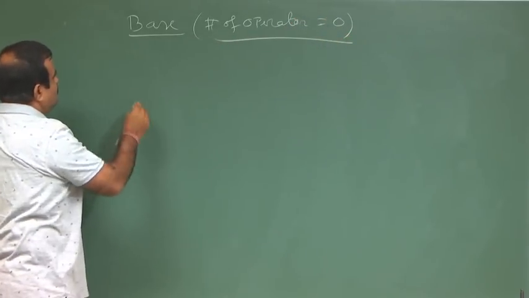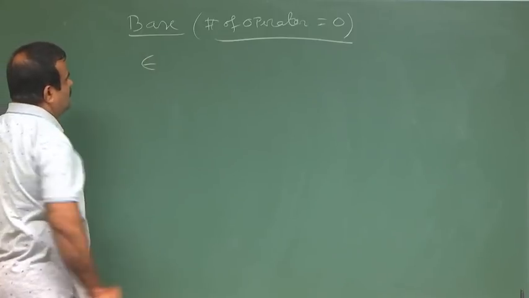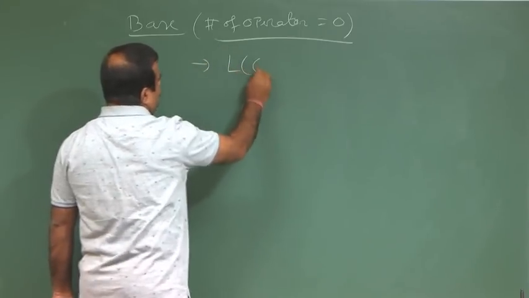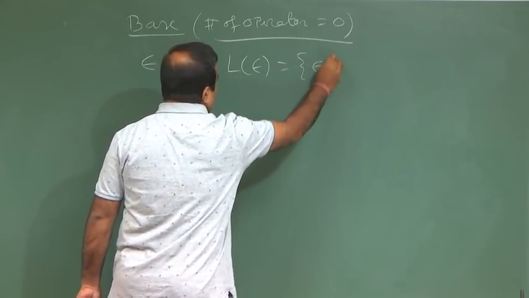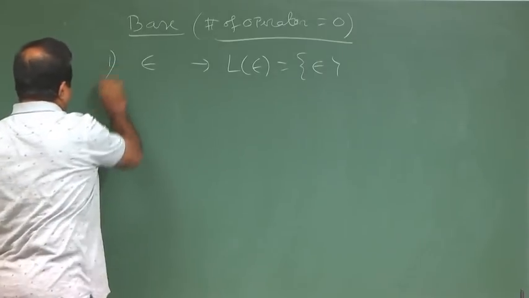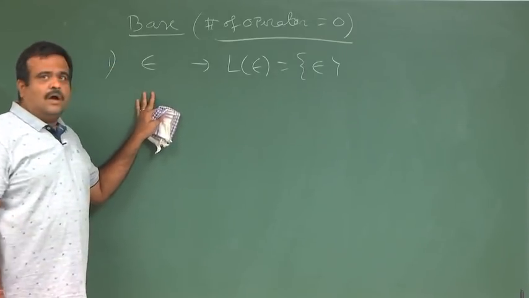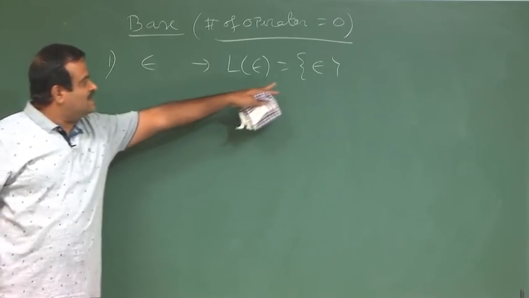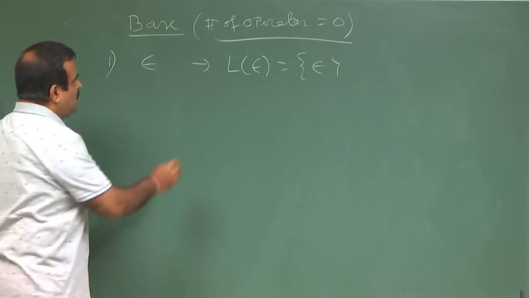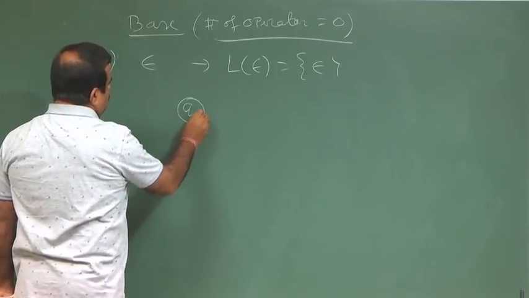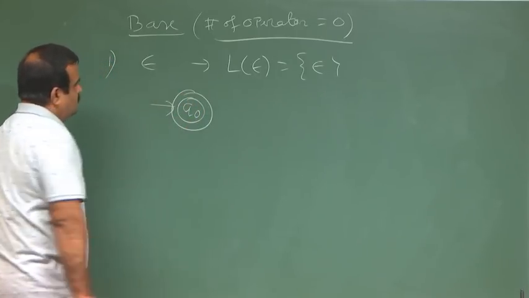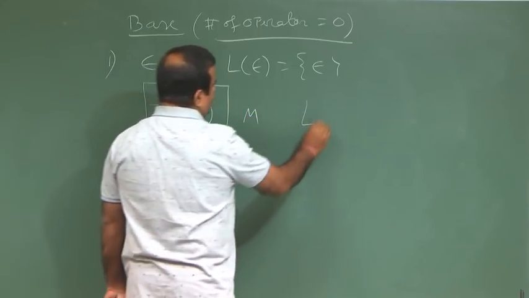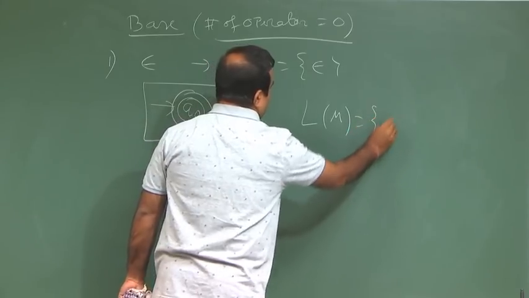Okay. So, there are 3 base cases. One is epsilon, a regular expression denoting the language that is the singleton set epsilon. Now we want to find an automaton accepting this. This is q 0, and this is our M, such that L of M is nothing but epsilon.